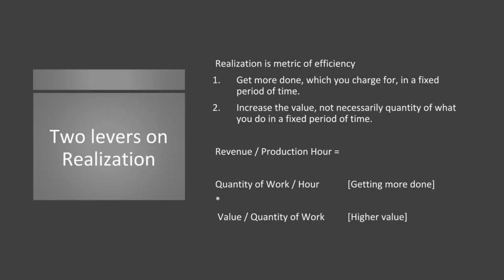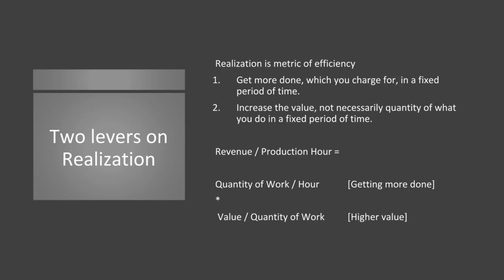So this point about the two levers of realization that I'm trying to make is not just a qualitative or an emotional appeal. I'm actually breaking it down for you mathematically as well. If you take the revenue per production hour, the algebraic determinants of that are the quantity of work per hour multiplied by the value per quantity of work, the value per item of work.